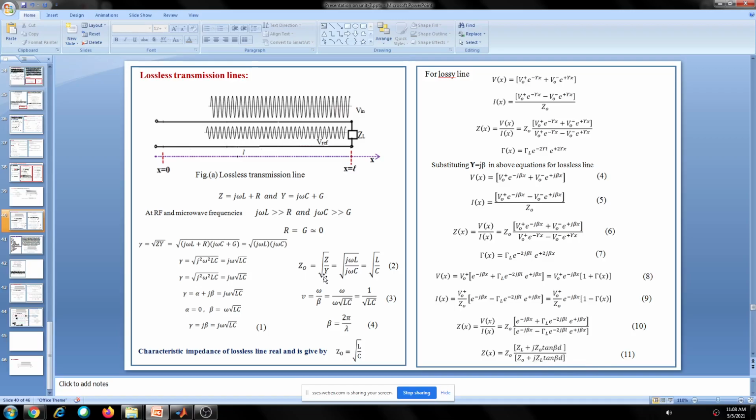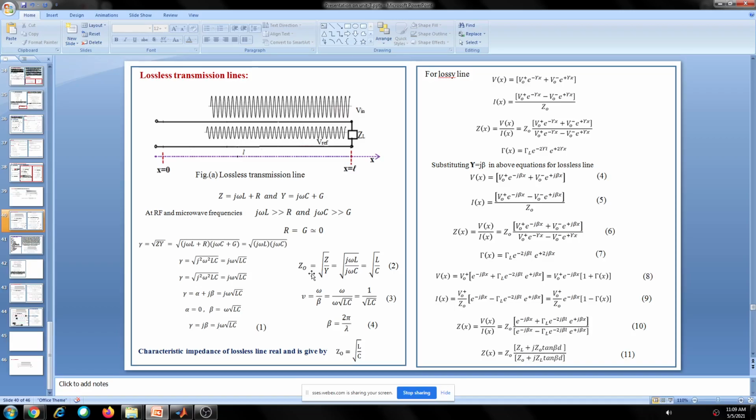If they ask you to obtain the expressions for a lossless transmission line, you should start from here. To get the expressions for voltage, current and impedance for a lossless line, start from here by assuming like this, and simplify the expression for gamma. You will get it like this.